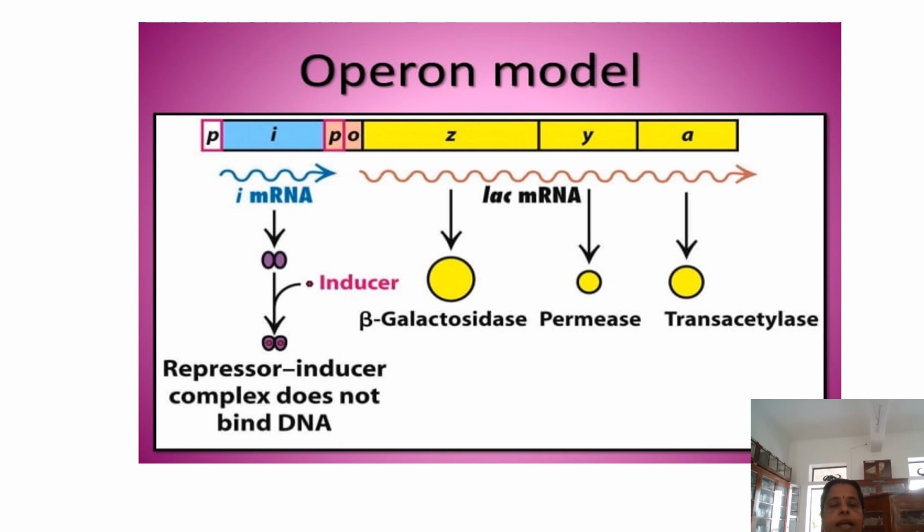It is the I region that forms mRNA in the presence of inducer. So this repressor-inducer complex does not bind DNA. Once it does not bind, the structural genes will be transcribed to form mRNA, and transcription genes are switched on.